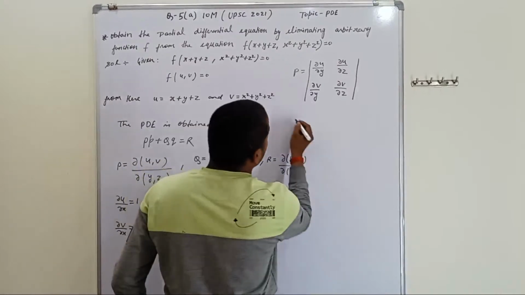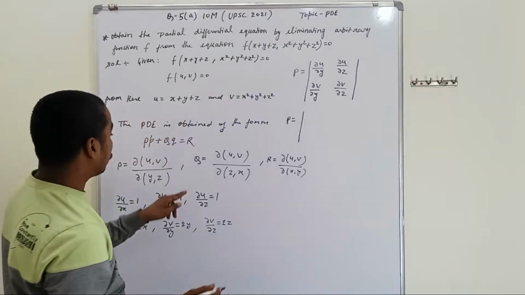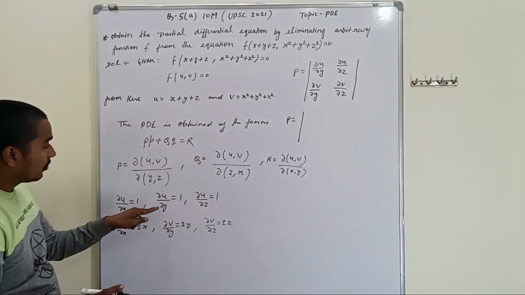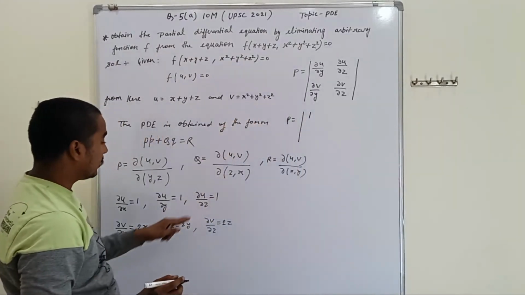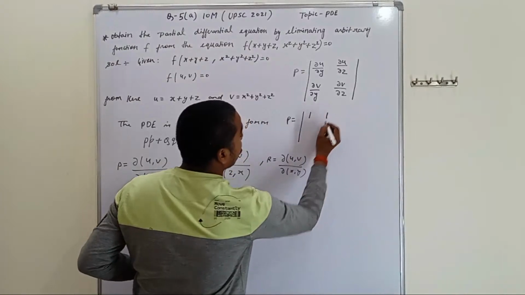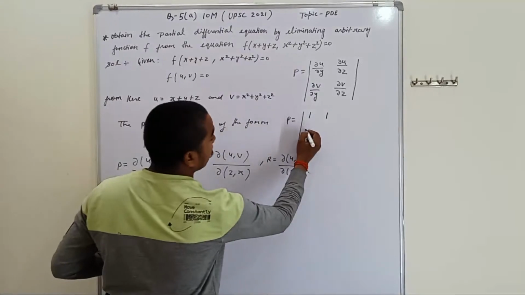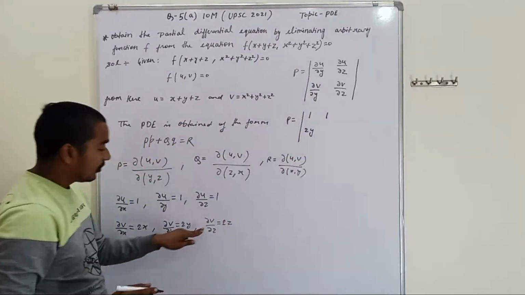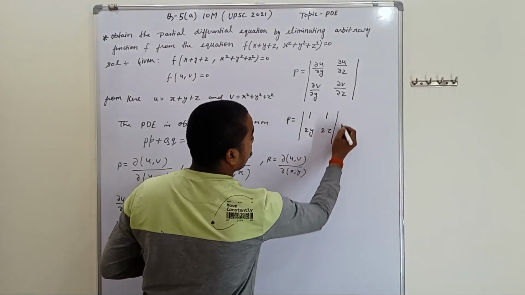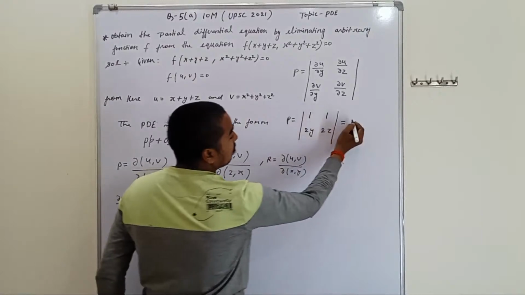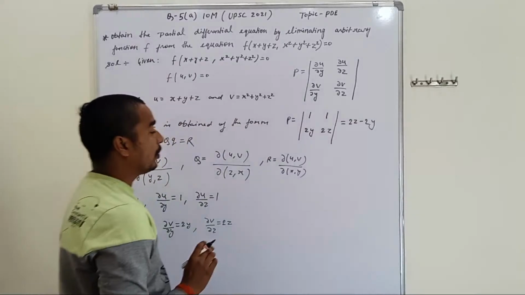Putting the values, P is equal to del u upon del y is 1 and del u upon del z is also 1 and del v upon del y is 2y and del v upon del z is 2z. Solving the determinant, that is 2z minus 2y. This is the value of P.